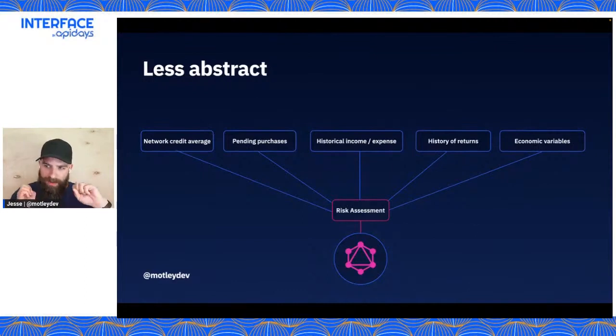You've got a whole bunch of different network credit average and pending purchases. You have a whole bunch of data dependencies that you're trying to resolve for a risk assessment on a specific product you're building. And these are all representing realistic sources: you've got REST, you've got SDKs, you've got more microservices, and you've got maybe raw SQL reads.